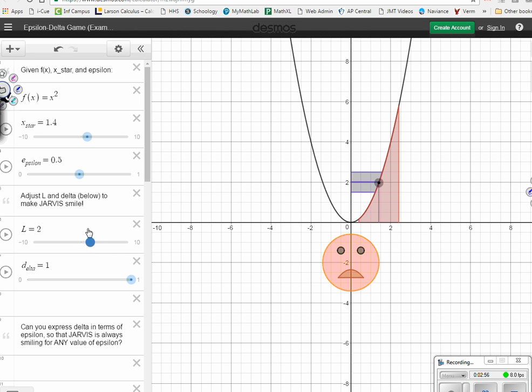The limit would be right around 2. And if I want my output to be in the purple region here, then what I'm going to have to do is narrow. Here's my c value as x approaches c. I need to narrow this down so that when I input, whoops, I want to leave that epsilon alone.